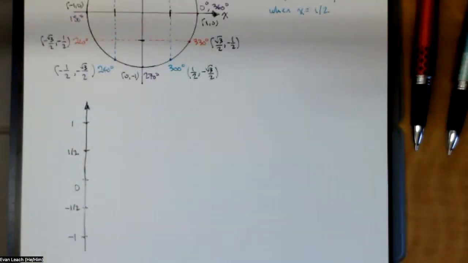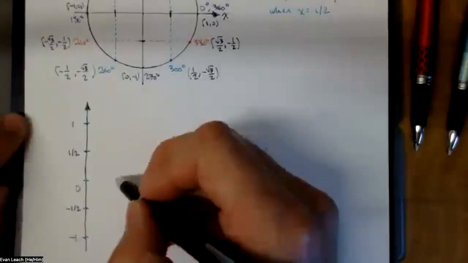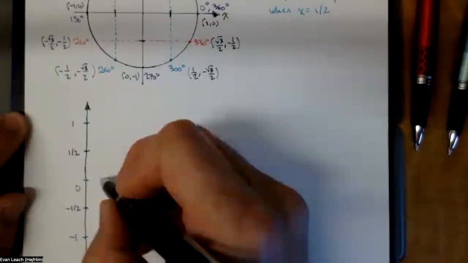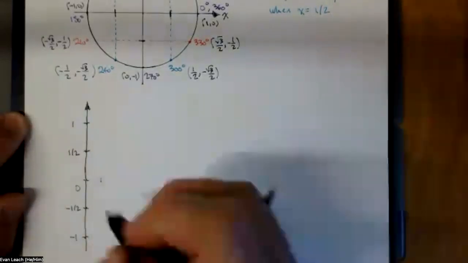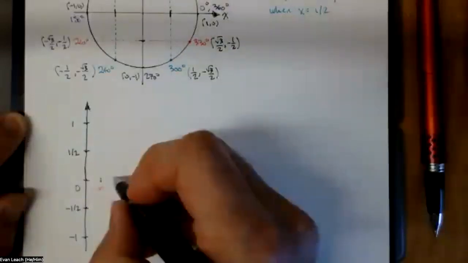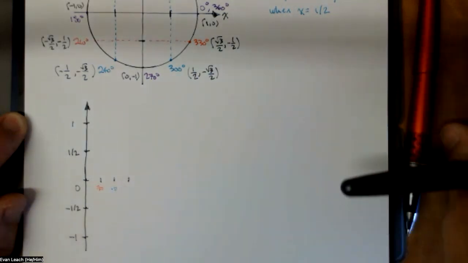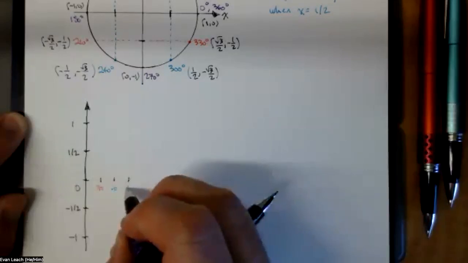My horizontal axis, I'm going to want to count in thirds. Notice that I've broken up each quadrant into thirds. So we're going to want to count by thirds. So down here, that's going to be my first quadrant. I'm going to break it up into thirds, 30, 60, 90.